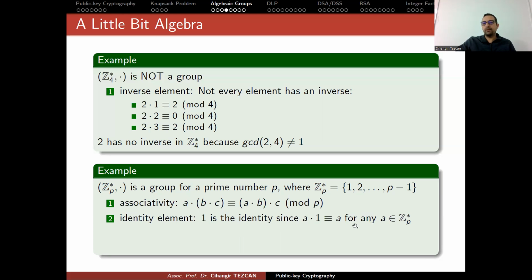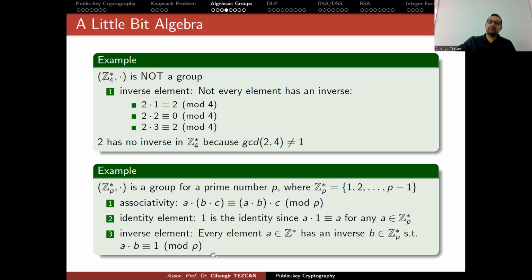We have the identity element 1, but we also say that every element has an inverse because the greatest common divisor of any element in this set, which is less than P, and P would be 1, because P is already a prime number.